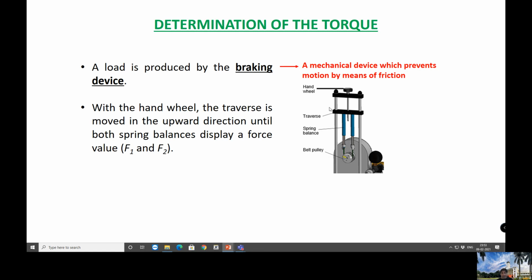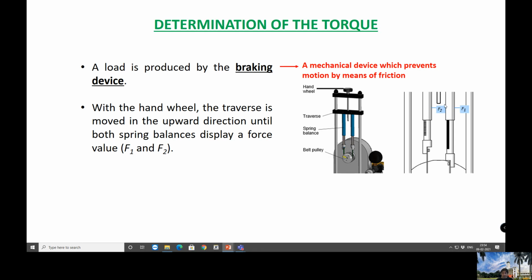With the hand wheel, you see the traverse is moved in the upward direction until both spring balances display a force. Basically it tightens the belt, and after it tightens, it will display some F1 here and F2 here. This will give you the torque developed, because torque is developed when there is a differential force on the two sides, F1 minus F2, times D by 2.